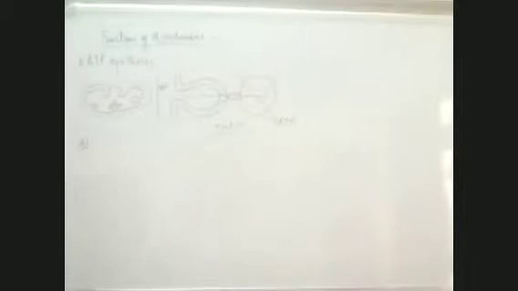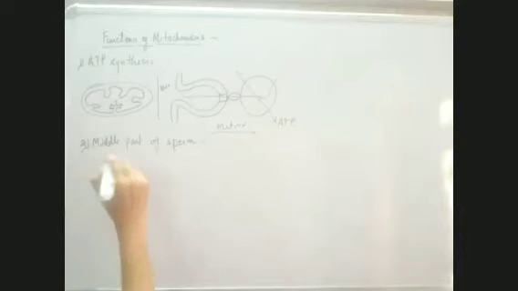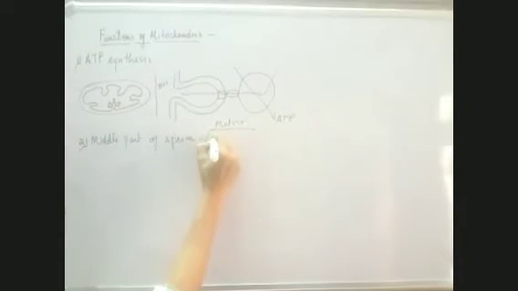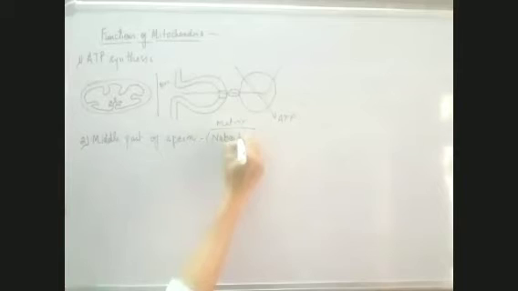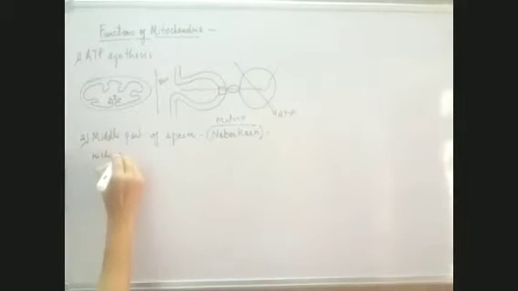So, children, the second function of mitochondria is, as I told you, the middle part of the sperm, which is also known as Nebenkern, is rich in mitochondria.